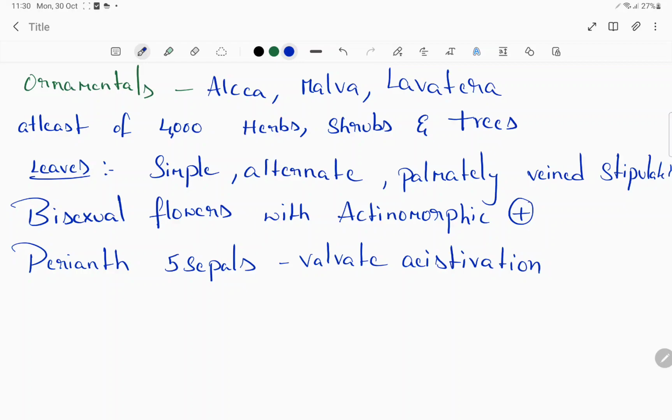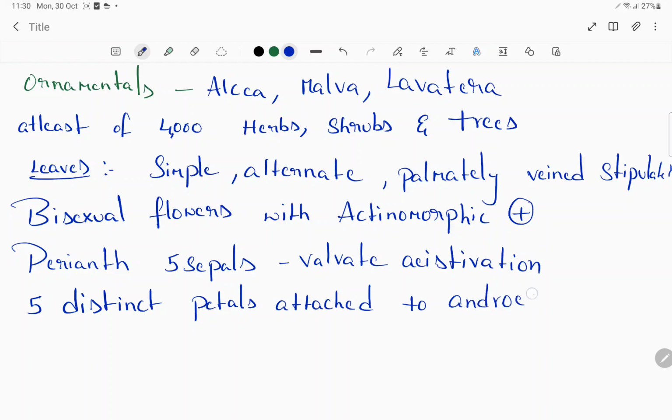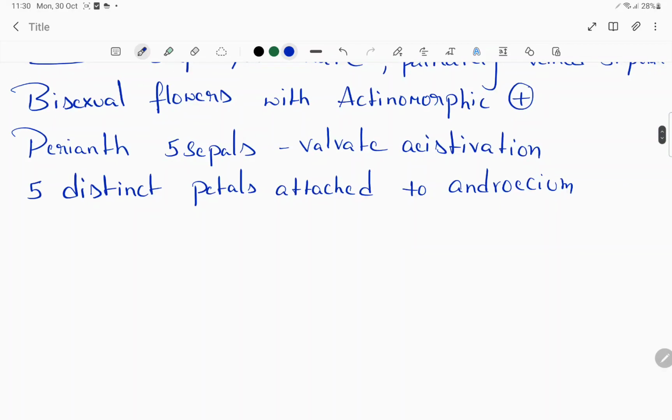And the 5 distinct petals are attached to the androecium. And the stamens are monoadelphous. Remember, monoadelphous is for Malvaceae, and diadelphous is for Fabaceae.